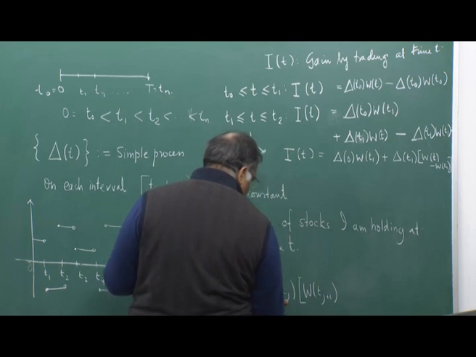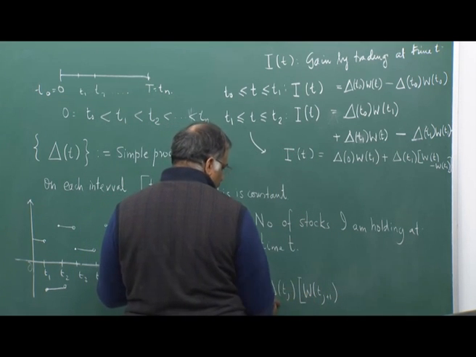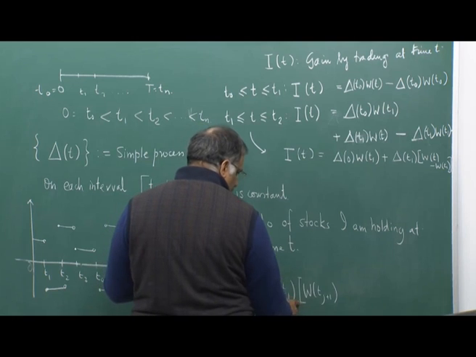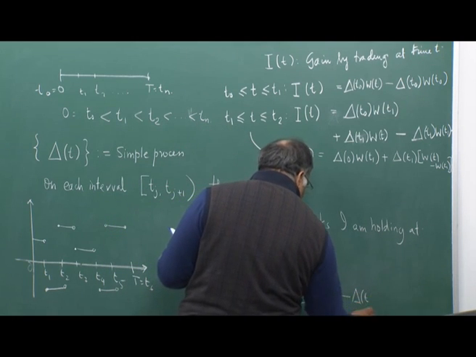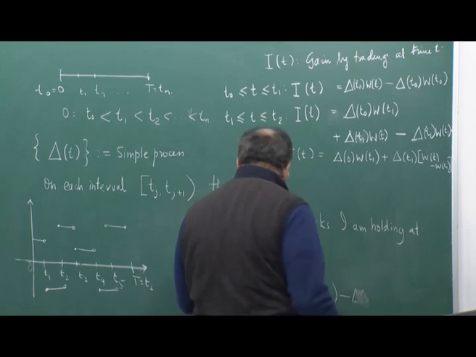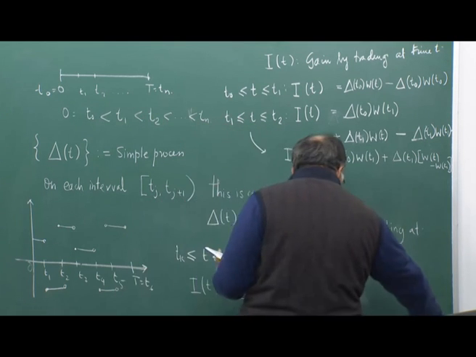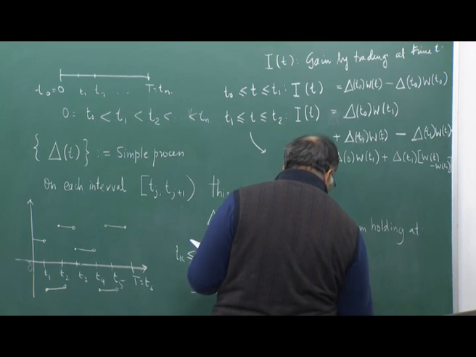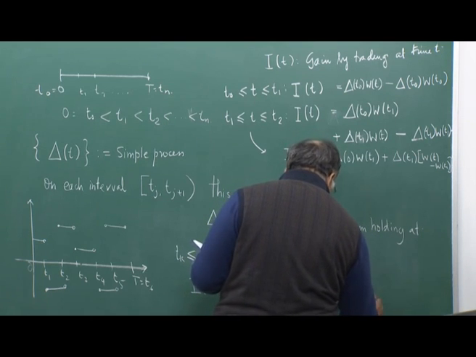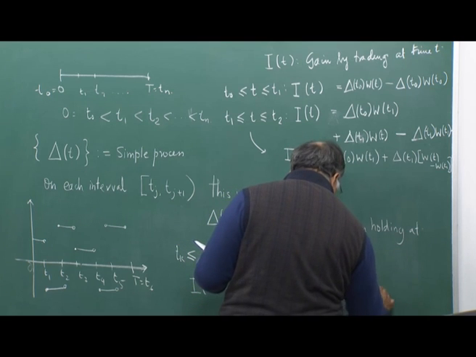So, he held this stock up to time Tj plus 1 and sold this at this amount. But at time Tj he had bought the same amount by spending the money delta Tj into WTj.